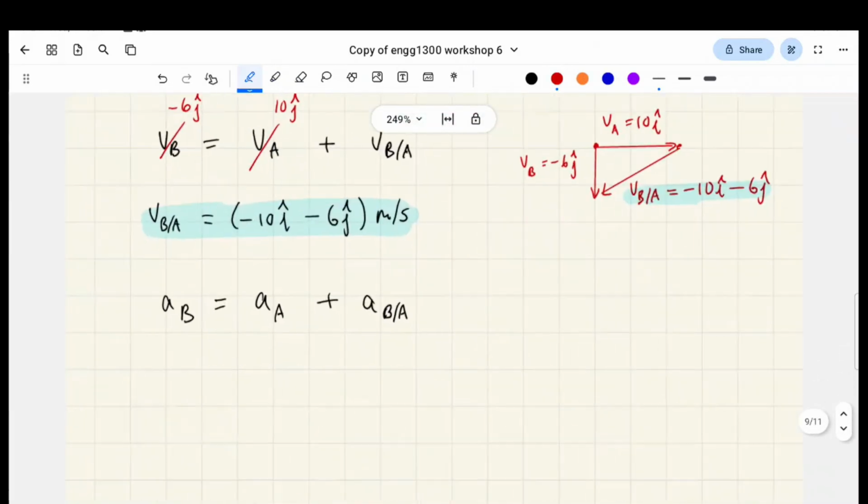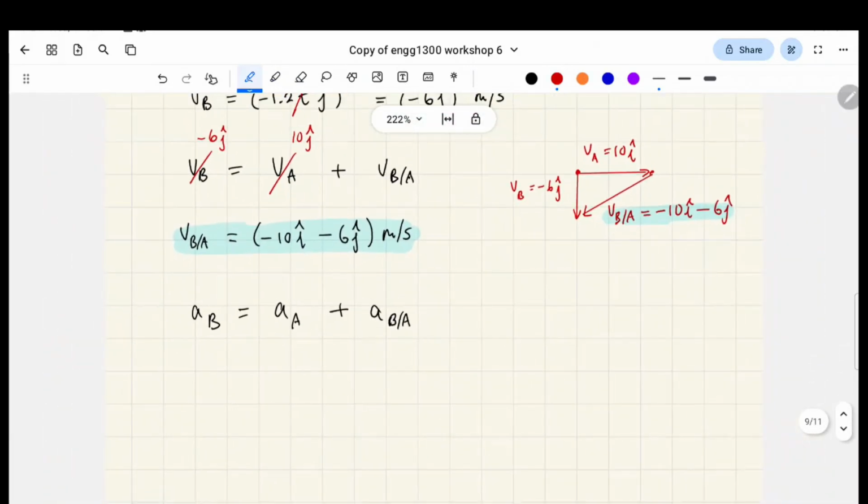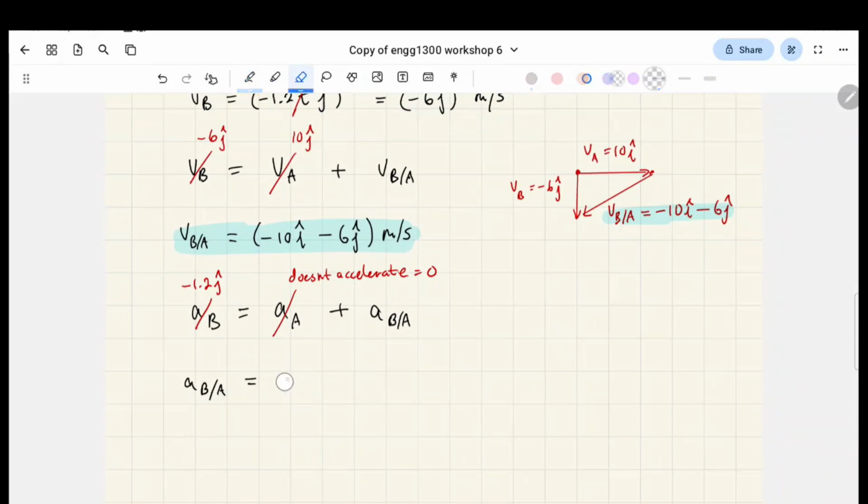So in other words, it's this. And when we rearrange for A relative to B, it's simply equal to AB, which is this. And if we want to draw out a little arrow diagram, basically this.